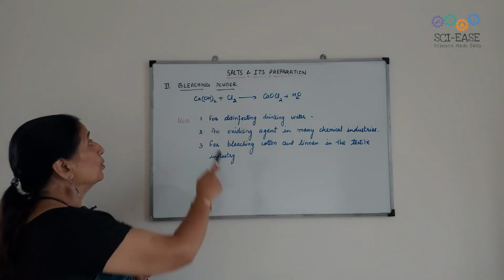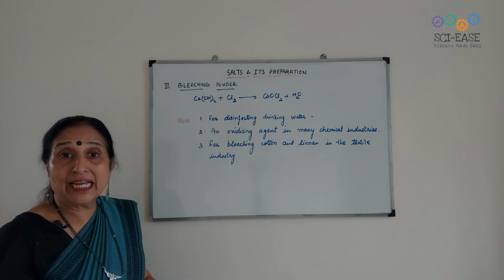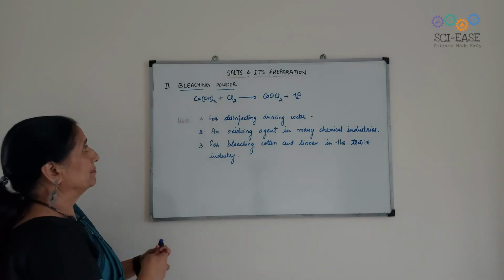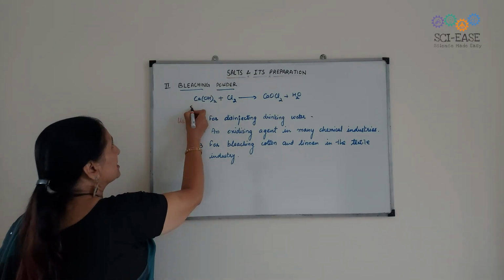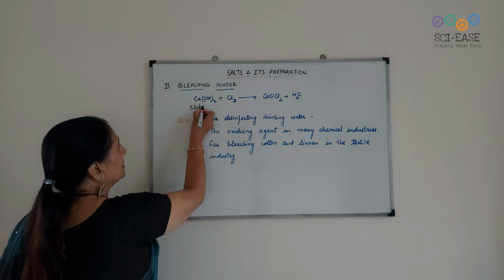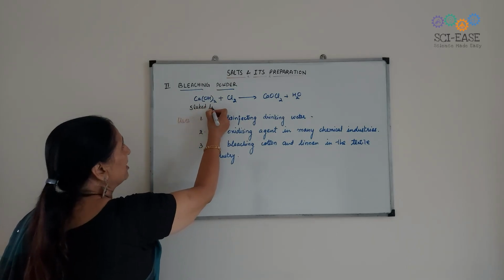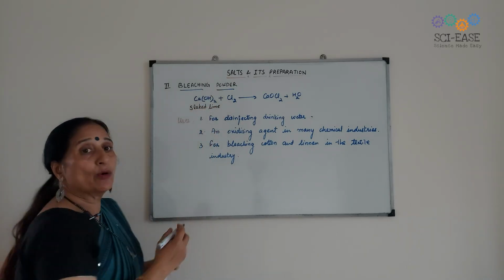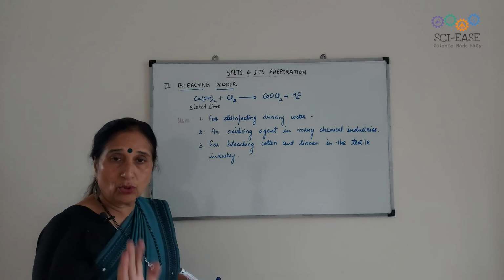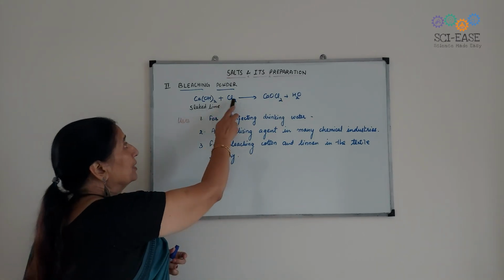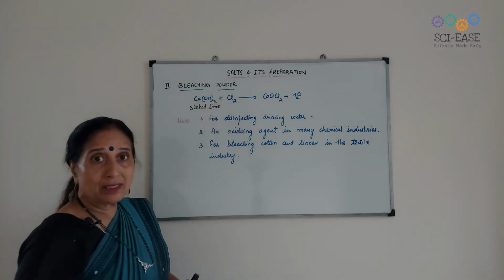Here we take slaked lime, having formula Ca(OH)2, plus chlorine gas that is passed.